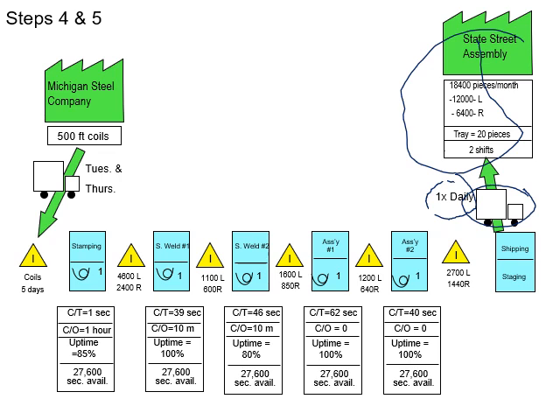Similar to this one, if you have a look here, the supplier is providing the coils each Tuesday and Thursday. And these coils are stored here for 5 days. They take 5 days to consume an entire file.